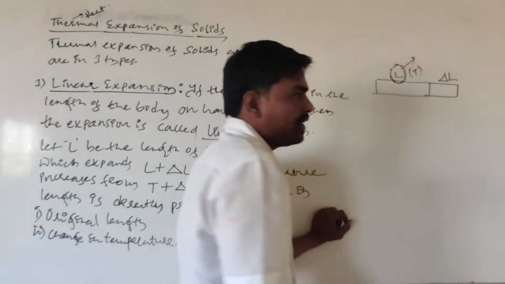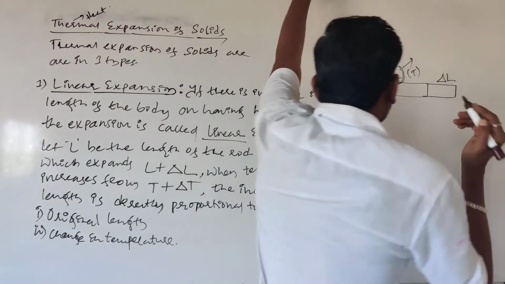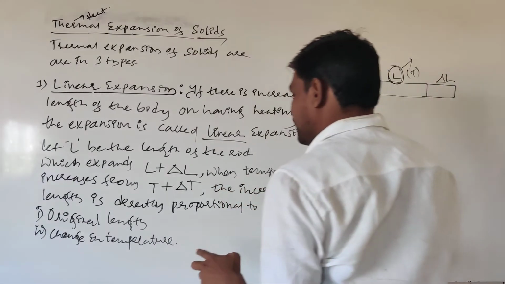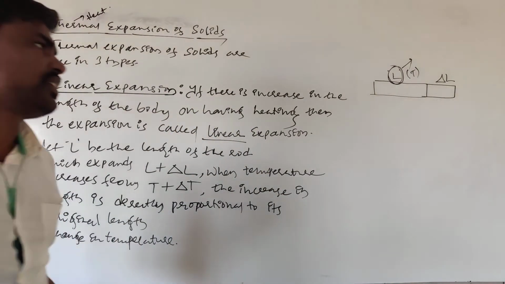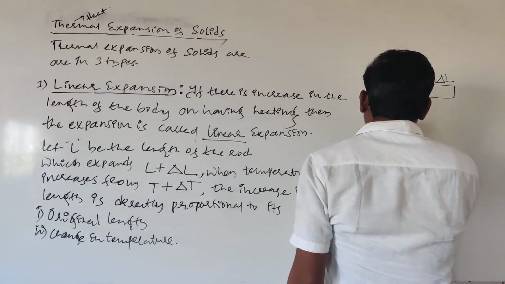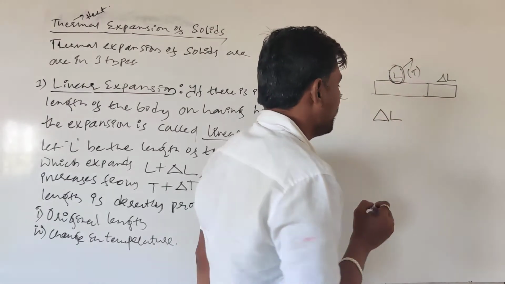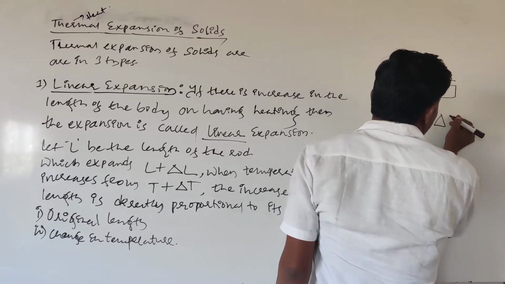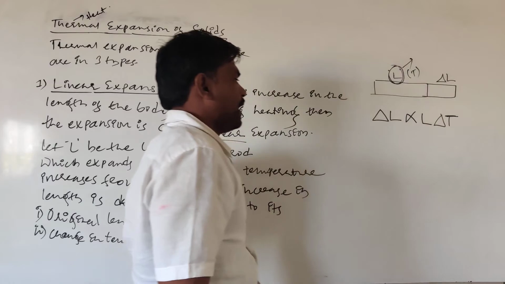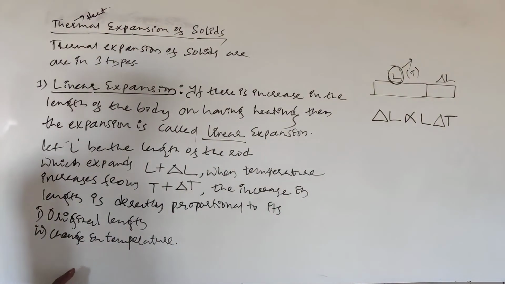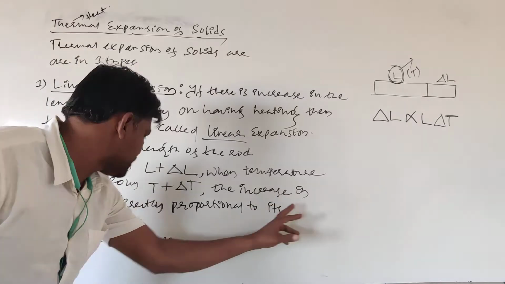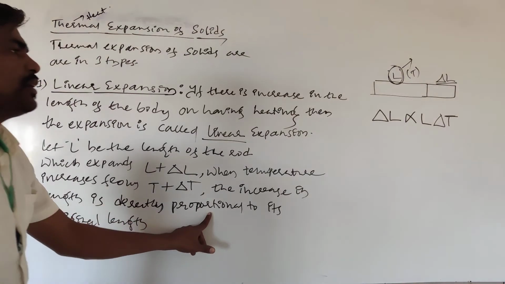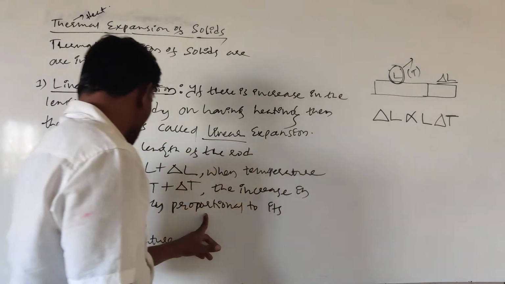So now I am going to write here. See, when the temperature increases, the increase in length, whatever the increase in length, delta L is directly proportional to its original length and delta T. According to our statement, the increase in length, del L, is directly proportional to the original length.